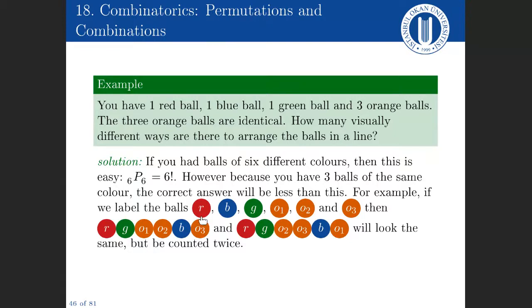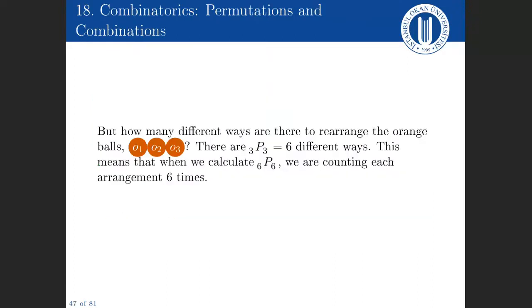For example, if we label the balls R, B, G for red, blue, green, and then O1, O2, O3 for the orange balls, then these 2 different ways of arranging them would look the same if the orange balls are all identical. But if we did 6p6, we would be counting these arrangements twice. We don't want to count them twice. We want to count them only once.